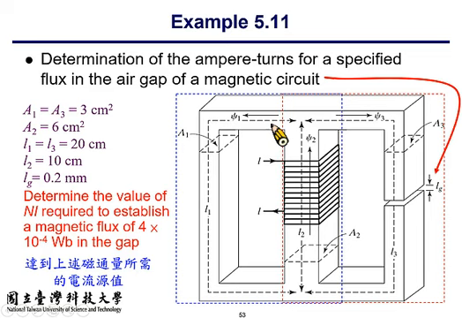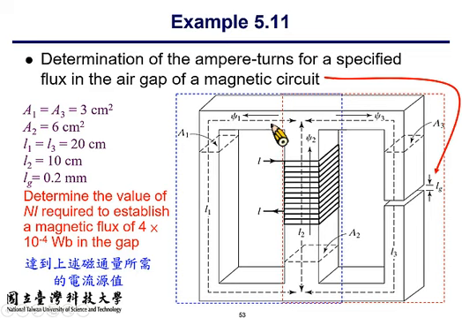So here you have a magnetic core made of 3 legs. The 3 legs have different cross-section area sizes. The middle one is larger, the other 2 on the sides are smaller.